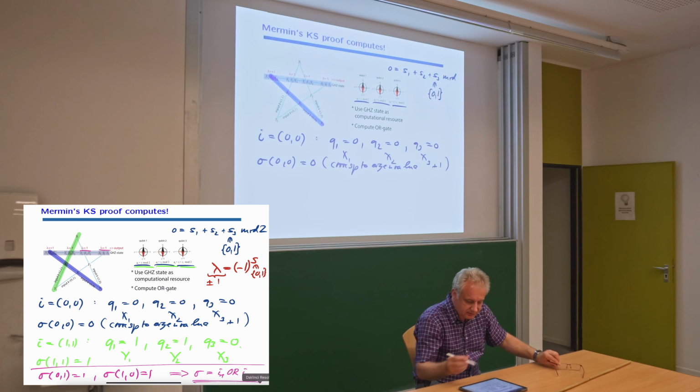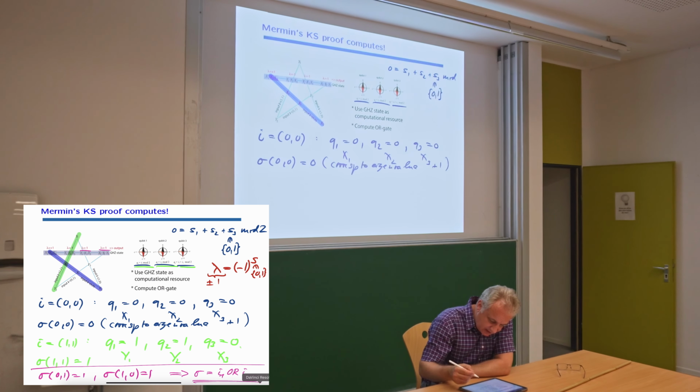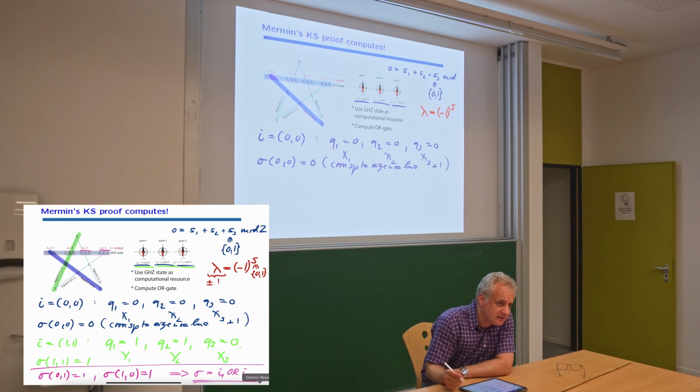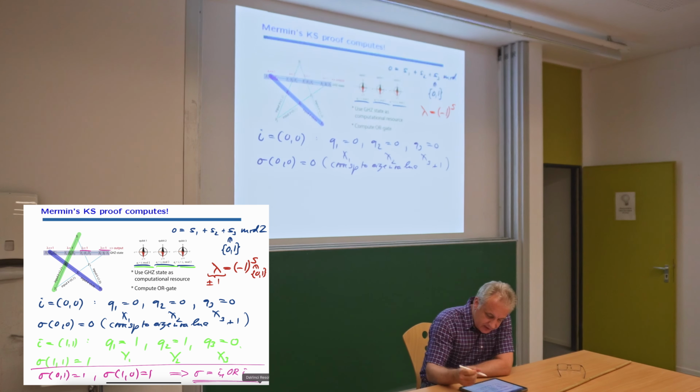Maybe something I should have said, because I'm switching here between additive and multiplicative notation: lambda, the eigenvalue, is -1 to the power s. So s is a binary variable in 0 and 1, and the eigenvalue is +1 or -1.